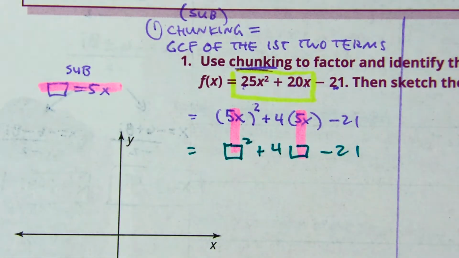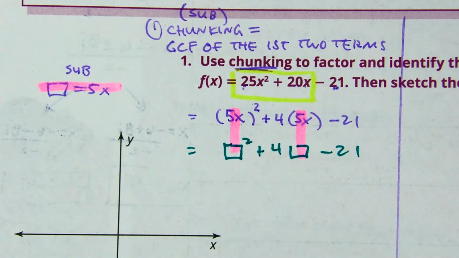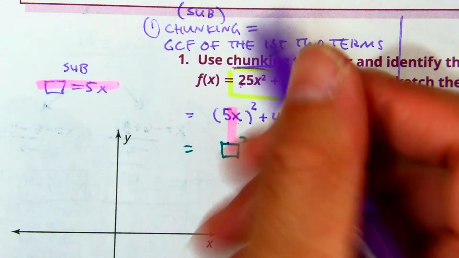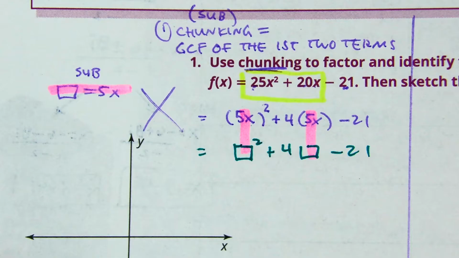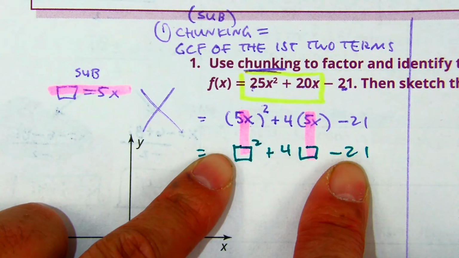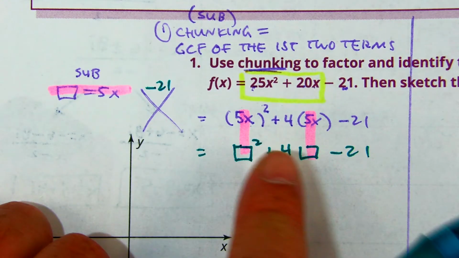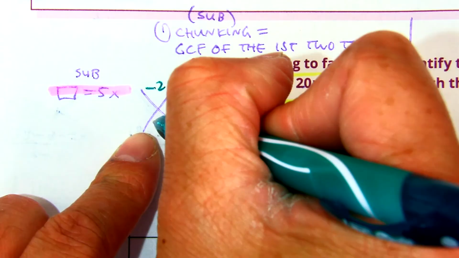Why did we do that? Now we have an easier problem to use the X method of factoring. Class, what's A times C? And class, my B value? It's 4. Partner B tell partner A, what are the two numbers?